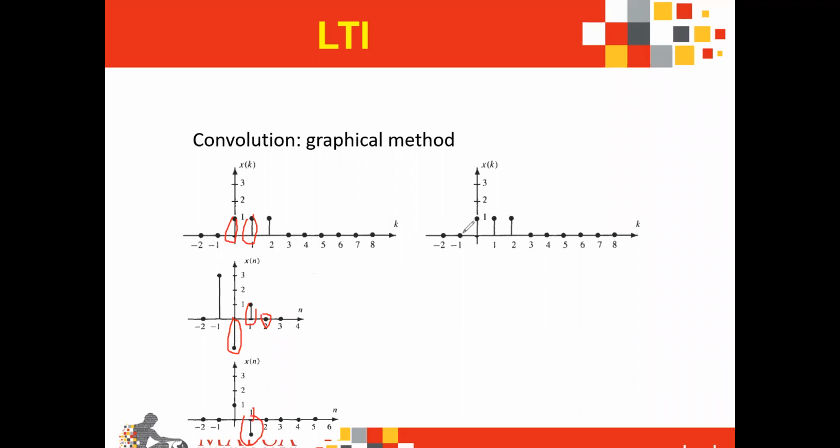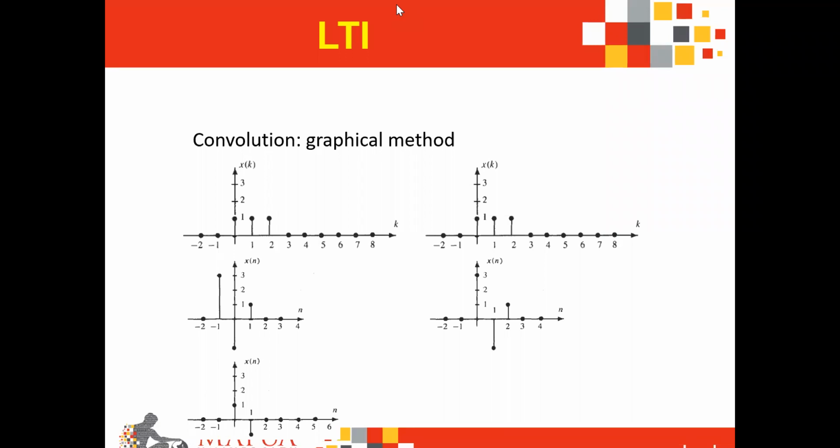Okay? And then again, on the next signal, I shift the impulse again, one step to the right, and then multiply all overlapping values of my graph and then sum them up. So, lumalabas dito, I multiply 3.